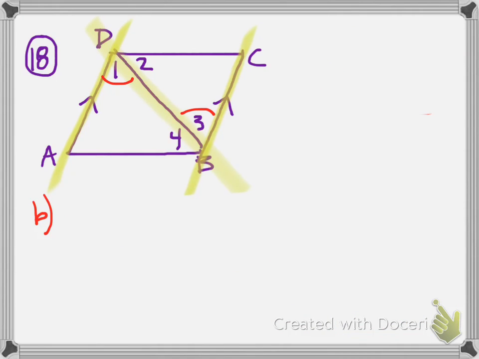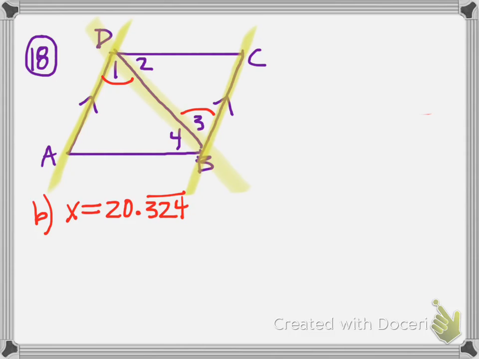Okay, so part B wants to know, is DC parallel to AB? Well, recall that we found an x value that equaled 20.324, those three numbers repeating. We have expressions for angle 2 and angle 4.